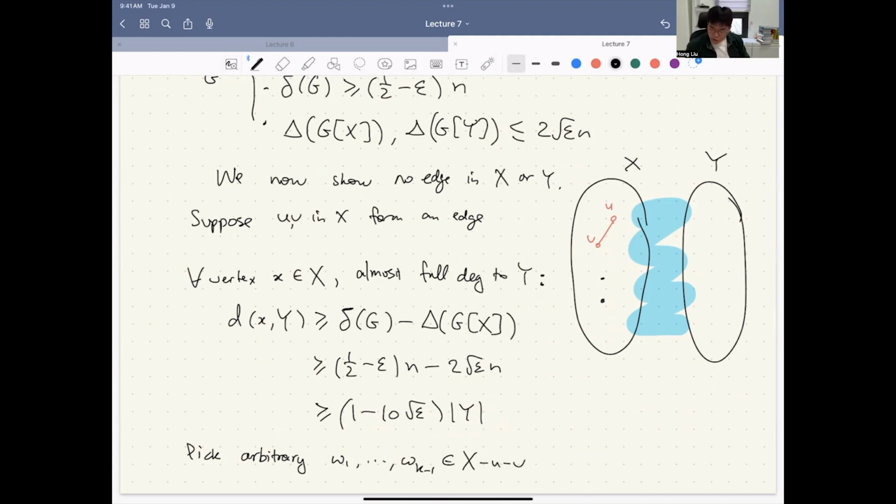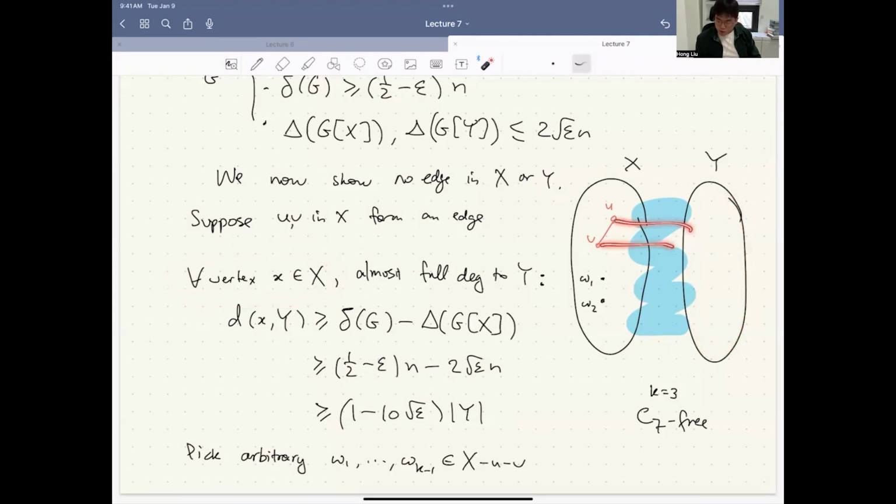So here, let's consider K equal to 3. So we are C7 free, C_2k free. So you pick W1 and W2. What do we know? We know that all vertices in X are almost full to the other side. So for all these 4 vertices, their common neighborhood is almost everything.